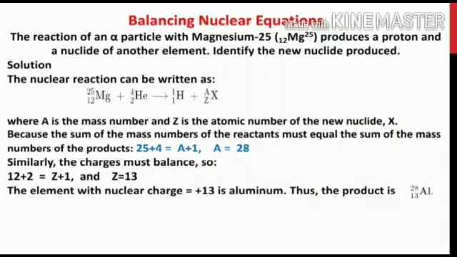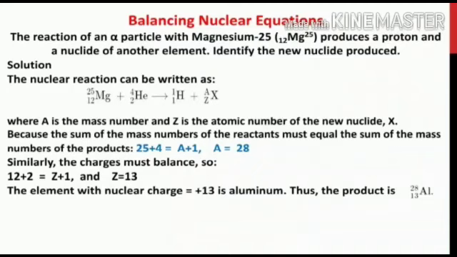We know that the sum of the mass numbers of the reactants must be equal to the sum of the mass numbers of the products. In the reaction, magnesium is the target and the alpha particle is the projectile. So we have to write 25 plus 4. 25 is the mass number of magnesium and 4 is the mass number of the alpha particle.